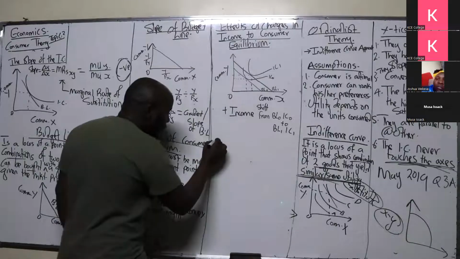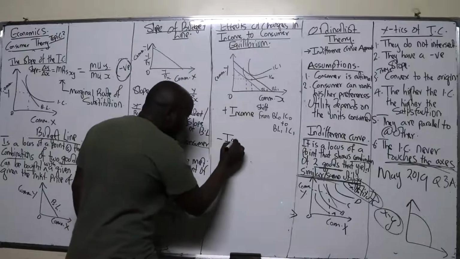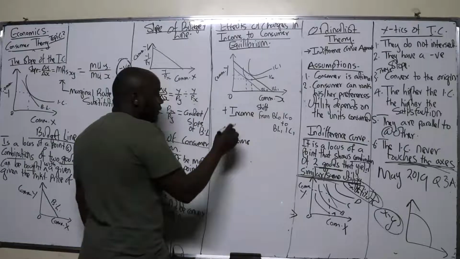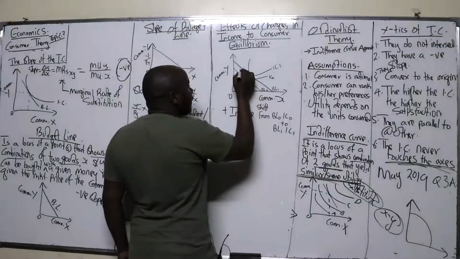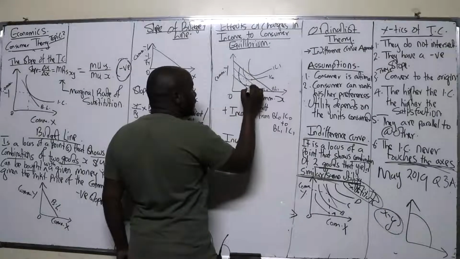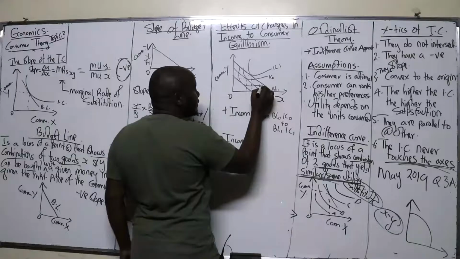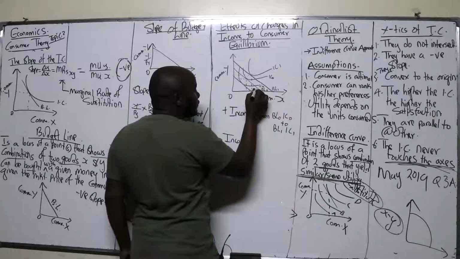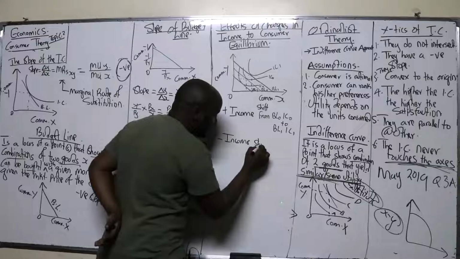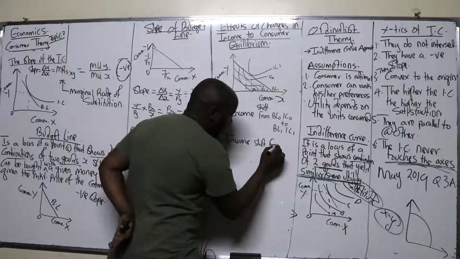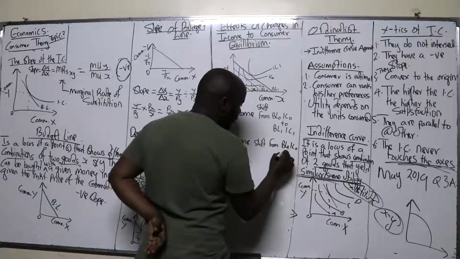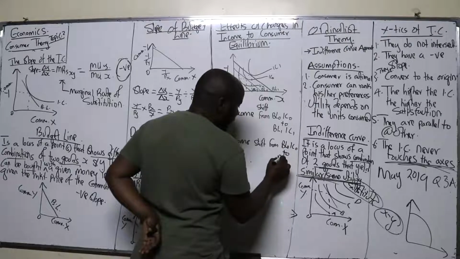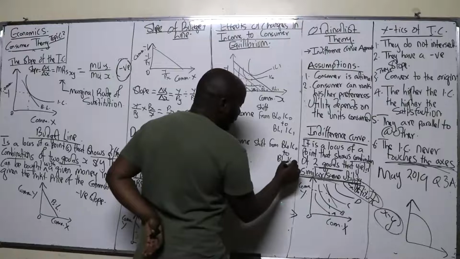What about when the income reduces? It shall be there like that with the IC2 BR2. So it will shift from BR0 IC0 to BR2 IC2.